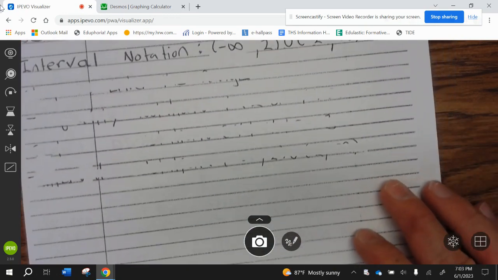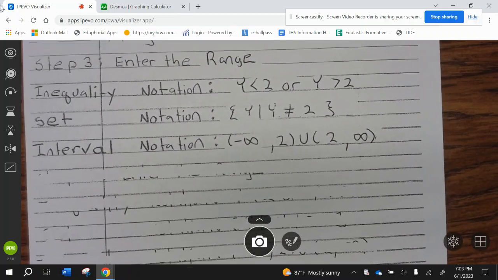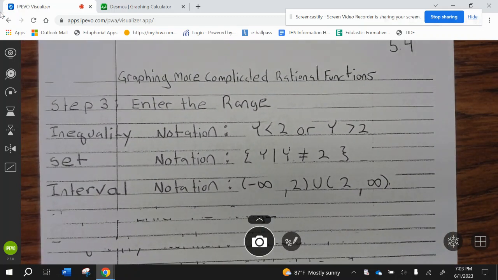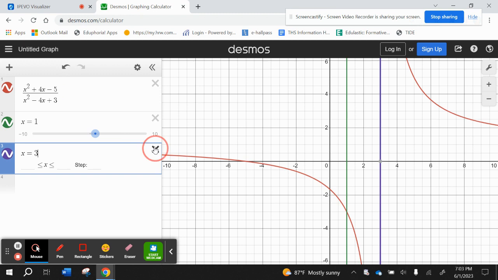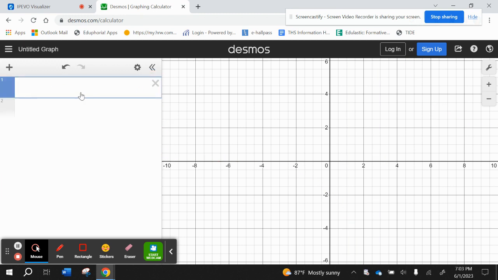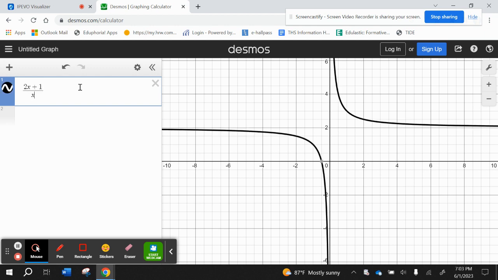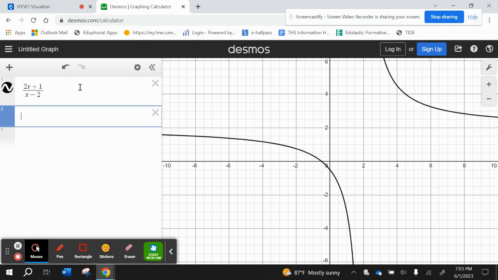Now, to understand the range, let's go ahead and graph the function. So you can either graph the 2x plus 1 divided by x minus 2, or you can graph the 2 plus 5 divided by x minus 2. You can see they're the same thing.